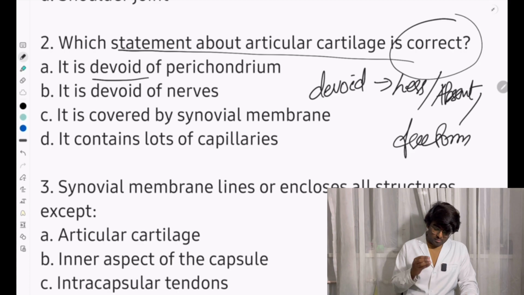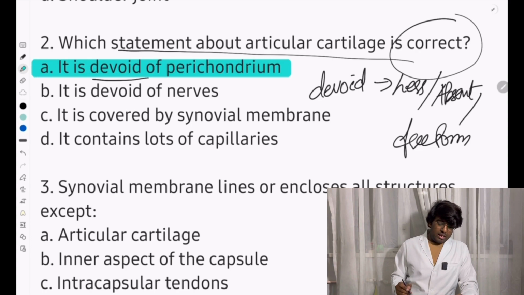No, that's not right. It's a wrong statement; they do have nerves. They are covered by synovial membrane? No. It contains lots of capillaries? No, they do not have any capillaries. So the answer, A, is the right answer. It is devoid of perichondrium, which means that they lack perichondrium.